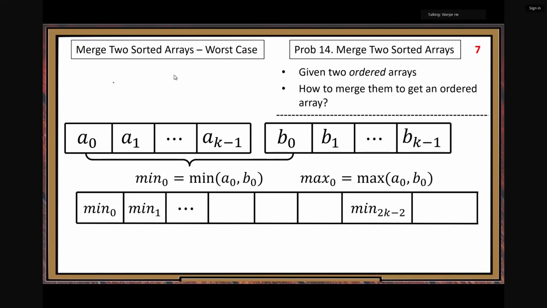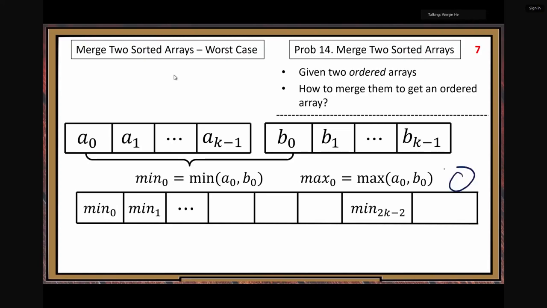Second to last, actually, because for the last one you only have one element left, so no comparison is needed. You drop it in place immediately, so you can save one comparison for the last element.